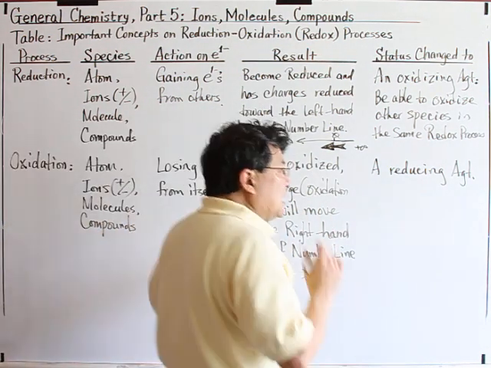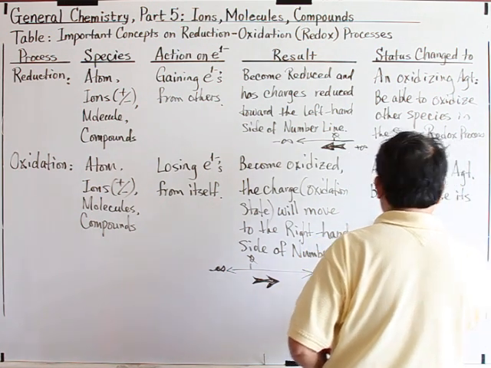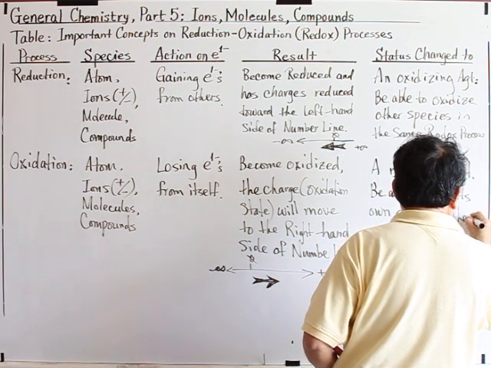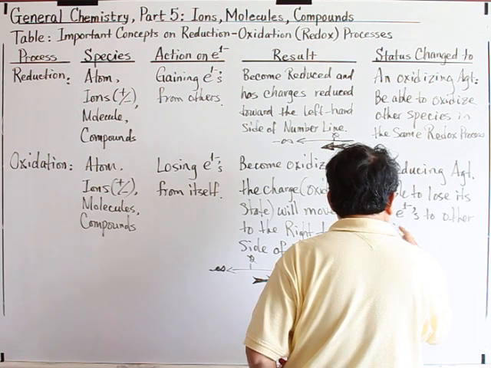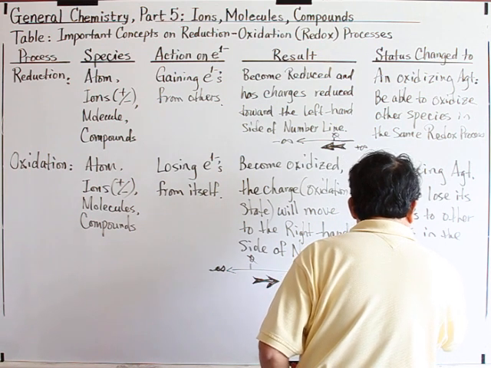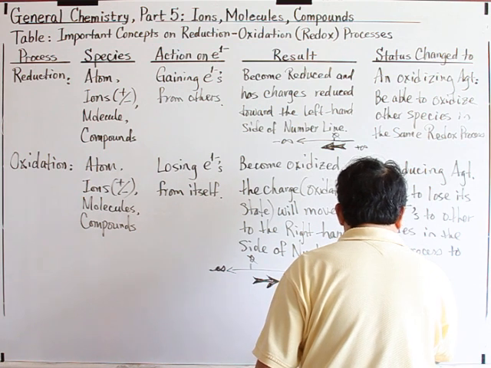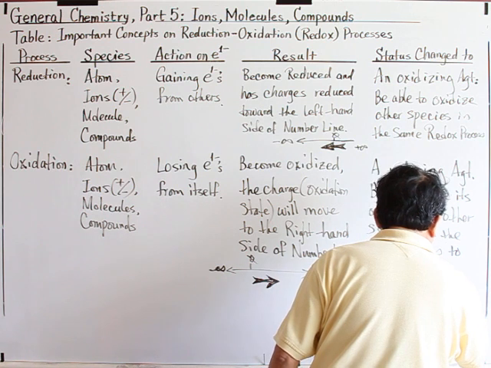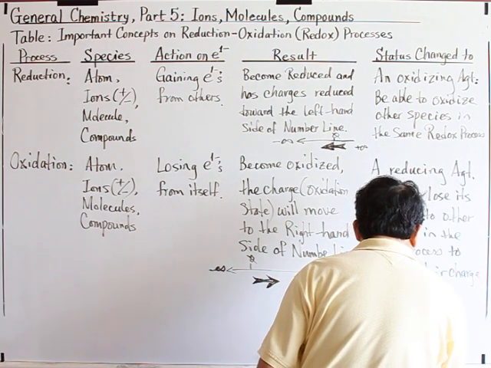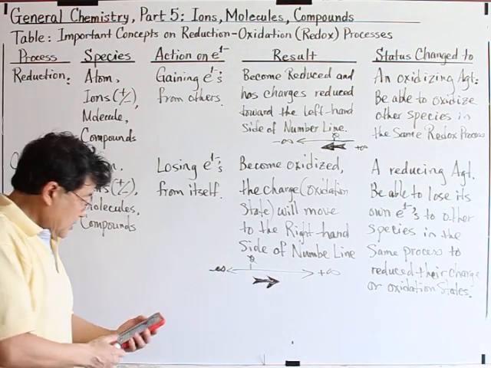It is able to give electrons, to lose its own electrons to other species in the same redox process, to reduce their charge or oxidation state. All right, so that is the whole thing.